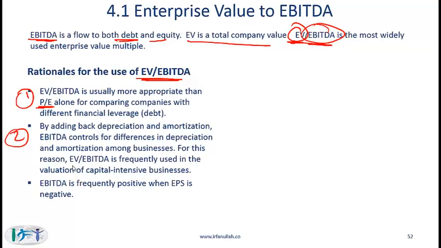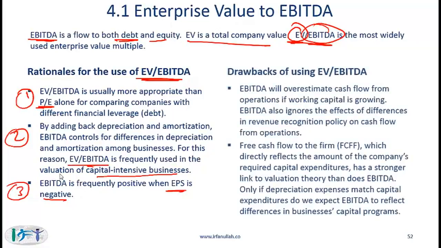For this reason, EV to EBITDA is frequently used in the valuation of capital-intensive businesses. And finally, EBITDA is frequently positive even when EPS is negative. You need to remember these reasons, and they are fairly straightforward.